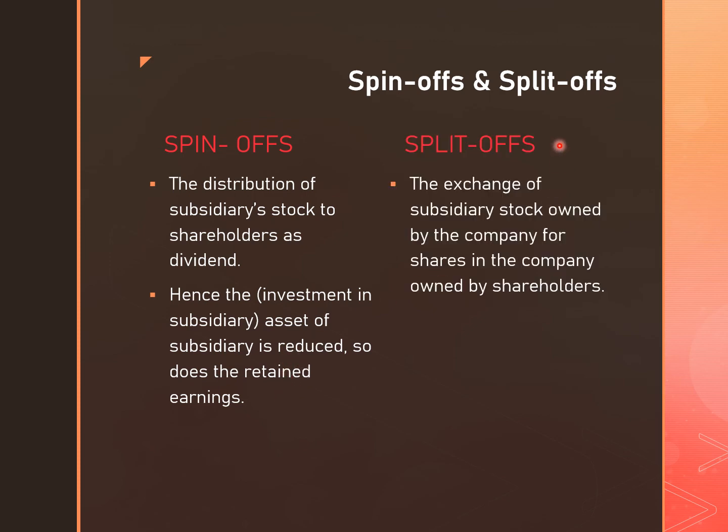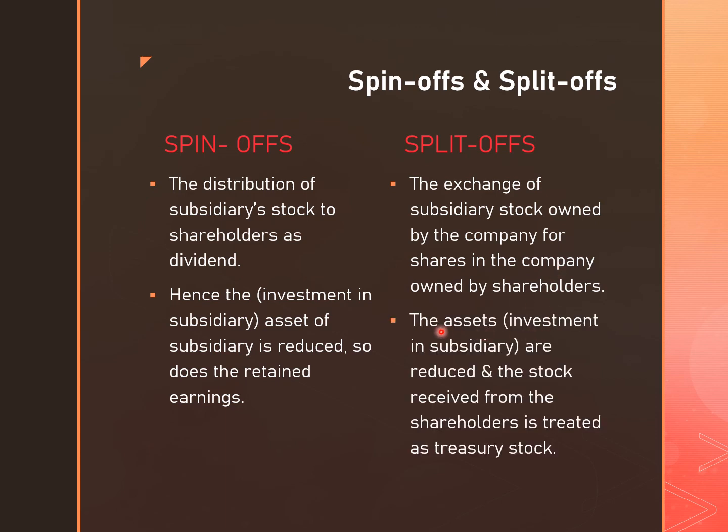Next adalah split offs. Split off adalah the exchange of subsidiary stock owned by the company for shares in the company owned by the shareholder. Okay, ini kita tukar. Kita tukar antara subsidiary punya stock yang kepunyaan company, dengan share yang kepunyaan shareholder tu. Share in the company yang kepunyaan shareholder. So the assets or the investment in subsidiary are reduced. The stock received from shareholder is treated as treasury stock.